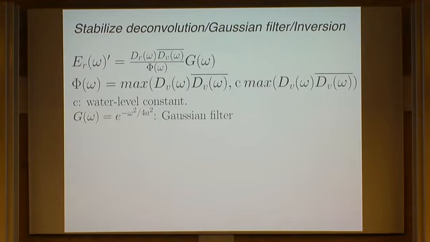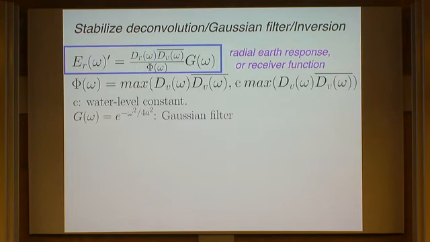When you divide, if the denominator is very small, then the result becomes very unstable. But once you introduce this particular constant, or damping in terms of the inversion, you get something relatively smooth. So you cannot get all the high frequencies that you would like to. In this case, this is actually the receiver function, which you will see later on.